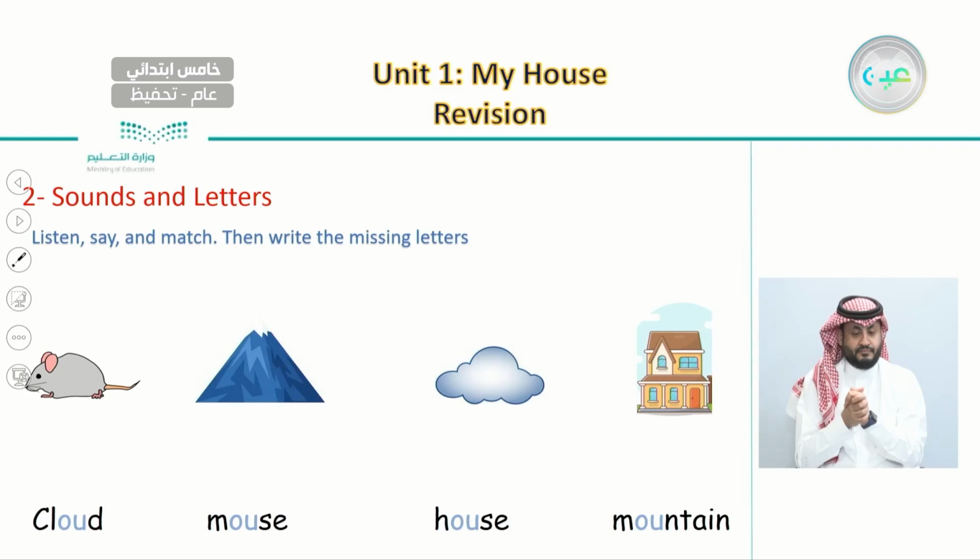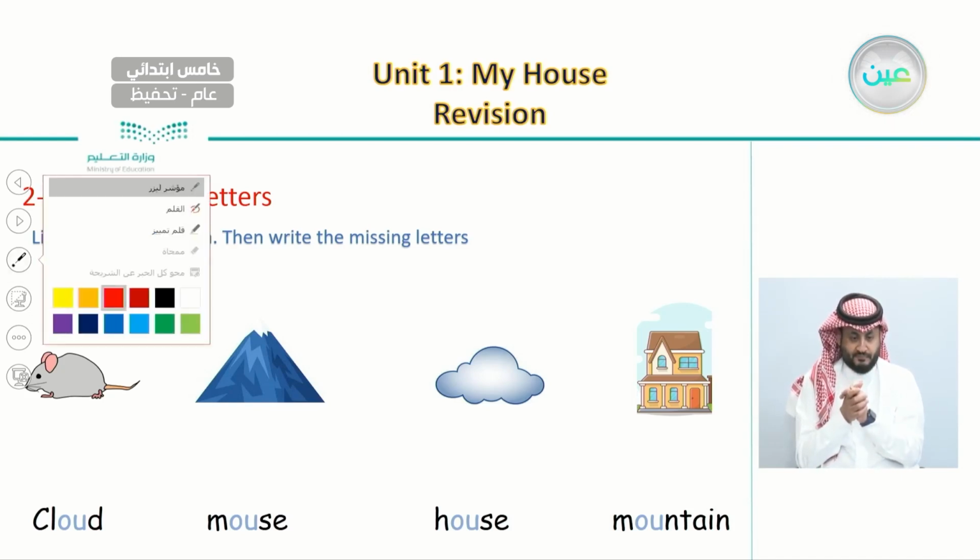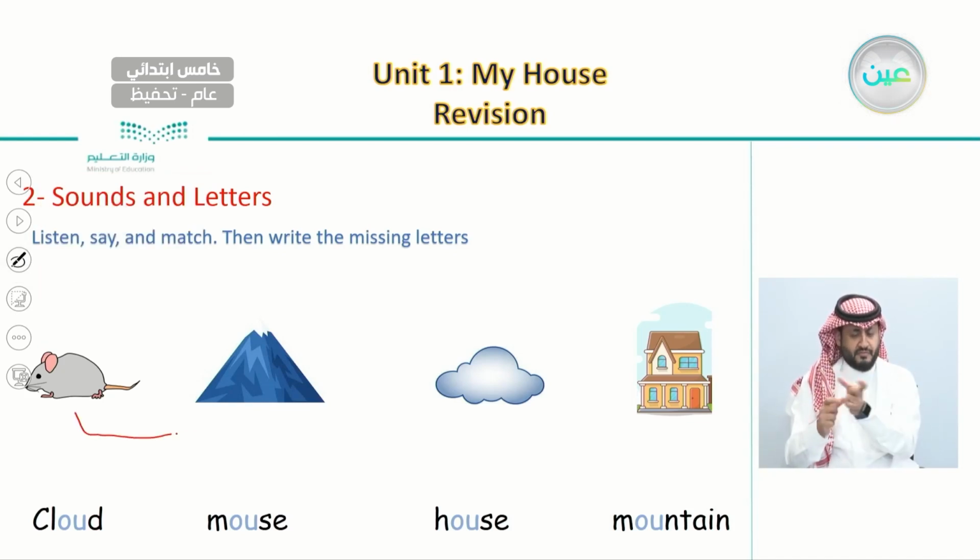So after this, we did an exercise where we listened to 4 words: cloud, mouse, house, mountain. All of them have the letters O and U, and they are pronounced as "ow." After this, we matched each of these words to the right picture.